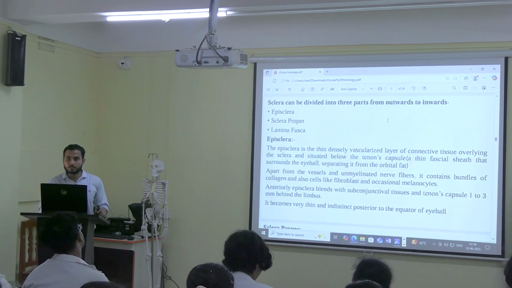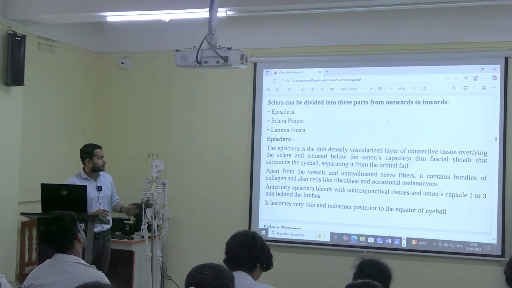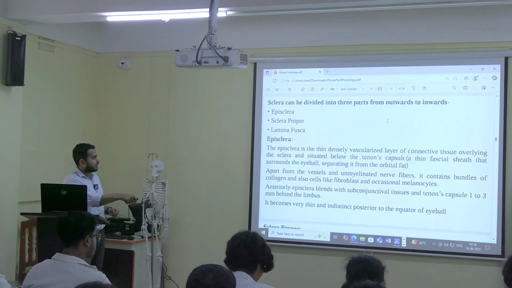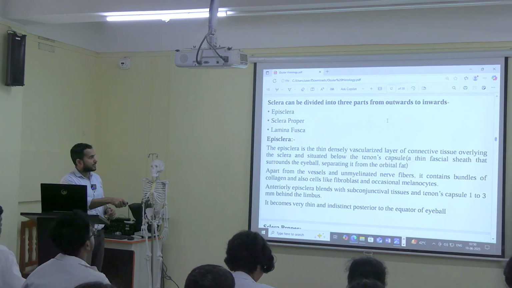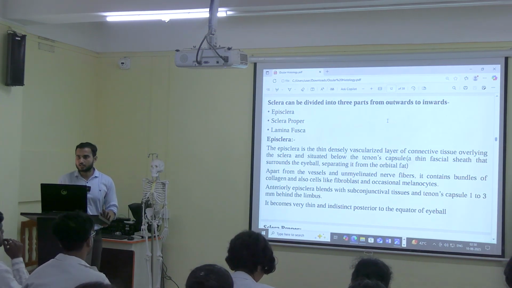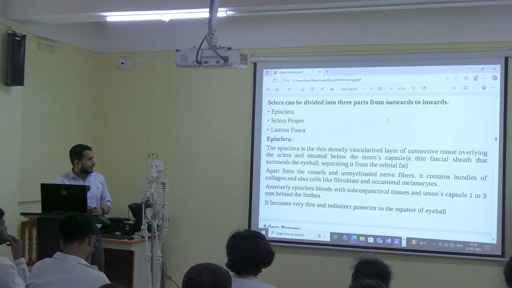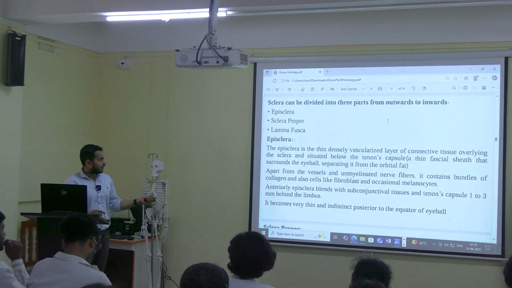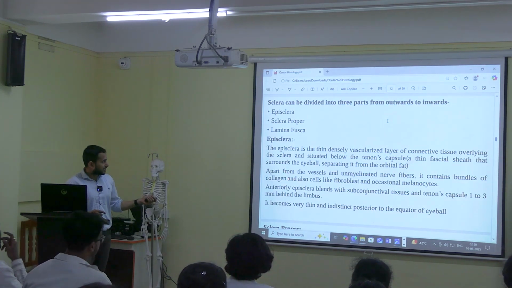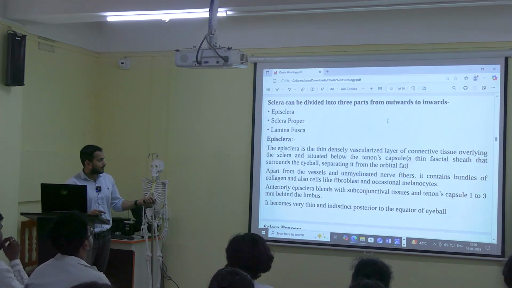So below the Tenon's capsule, this episclera is present, overlying the sclera. It is a fascial sheath that surrounds the eyeball, separating it from the orbital fat, or the fatty tissue which is present inside the orbit. Next, in this particular episclera, vessels and unmyelinated nerve fibers are also there.